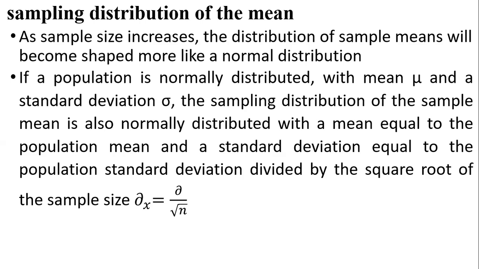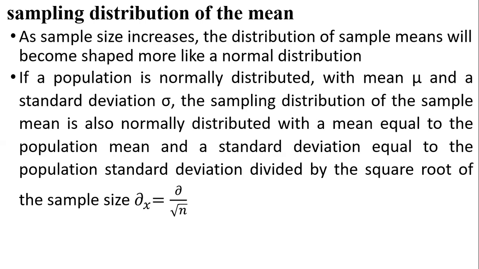For example, if we have a population of 1,000, and we increase the sample size from 20 to 30, then 50, and so forth, the distribution of the sample means will become more shaped like a normal distribution.